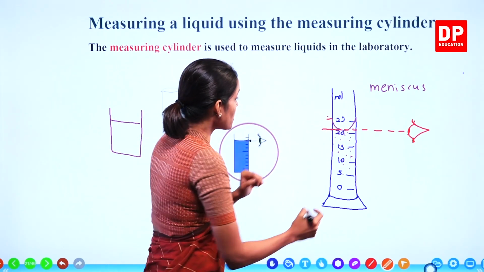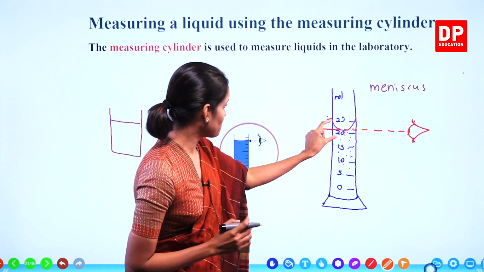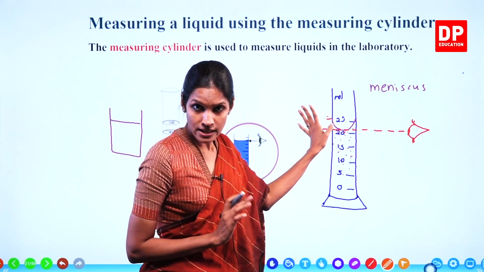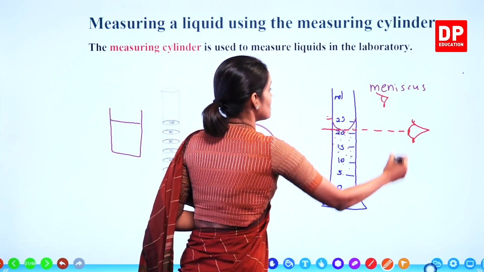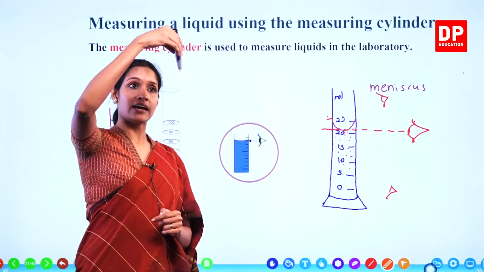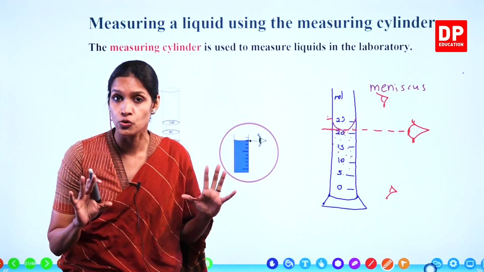So according to this one, this is about 20 milliliters, or maybe between 20 to 25, you can say 21 milliliters. Understand? So if you keep your eye level over here, right? If you take the measuring cylinder like this and observe, or if you just take it like this and observe, it is wrong.